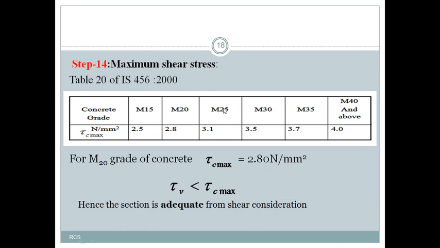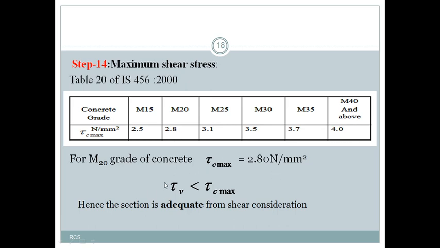This value depends upon the grade of concrete, and for a particular grade of concrete, table number 20 of IS 456-2000 gives the maximum shear stress values. In this design, I am using M20 grade concrete. For that, the corresponding maximum shear stress is 2.8 Newton per mm square.